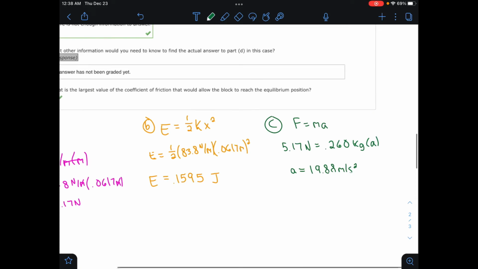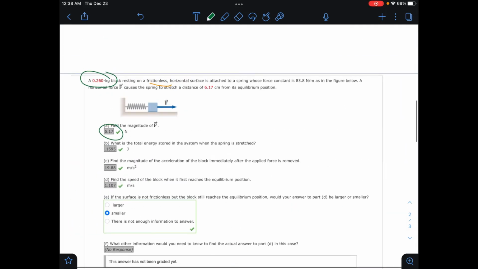Okay, part D. Find the speed of the block when it first reaches the equilibrium position. Here we are going to set our kinetic energy equal to our elastic potential energy, because energy is conserved. We know it's a frictionless surface.